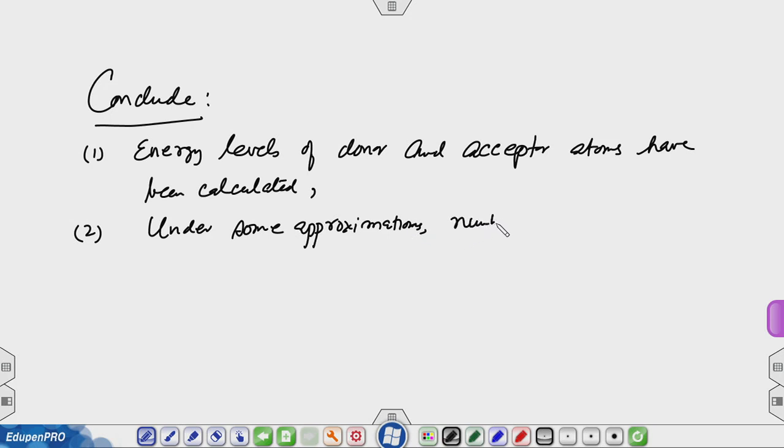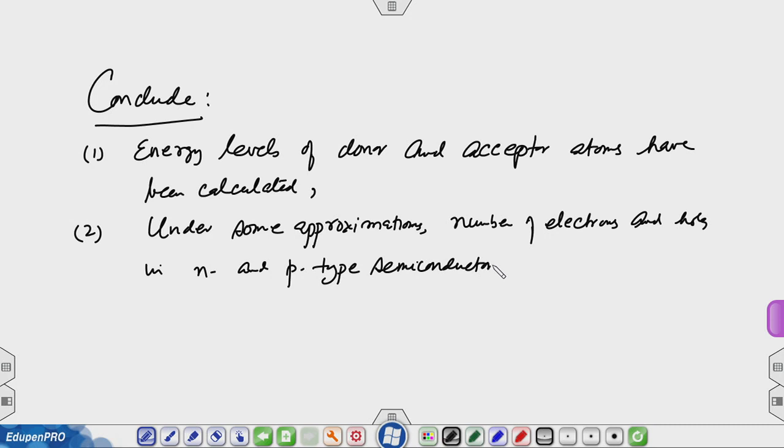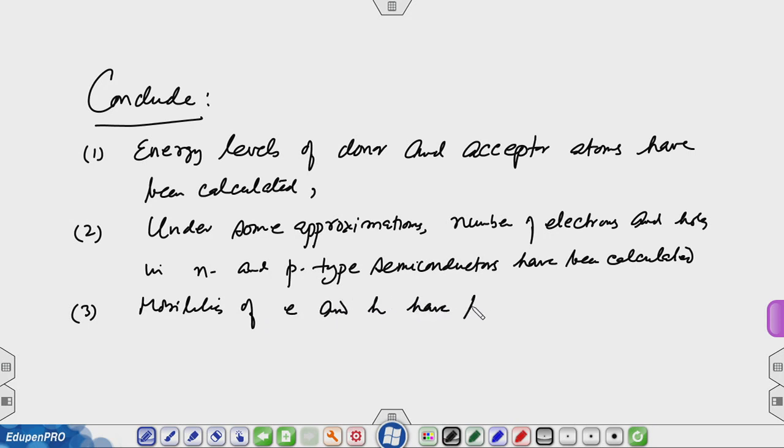Second, the number of electrons and holes in n and p type semiconductors have been calculated, and 3, mobilities of electrons and holes have been discussed.